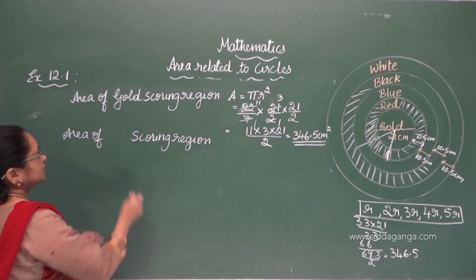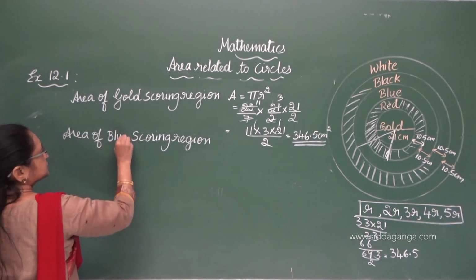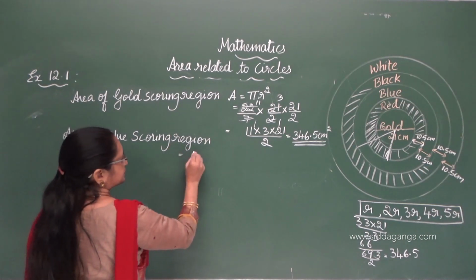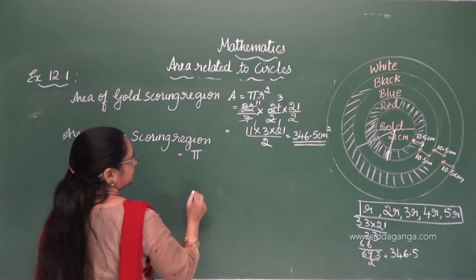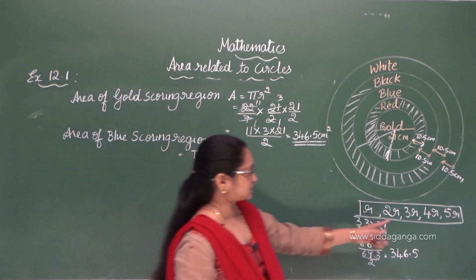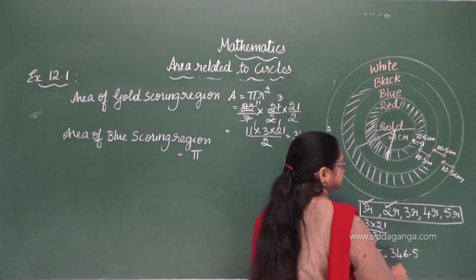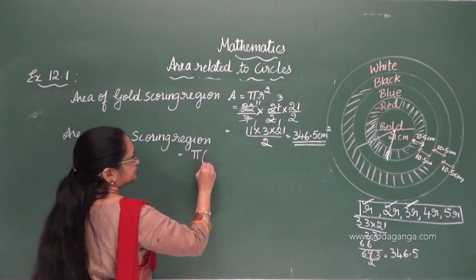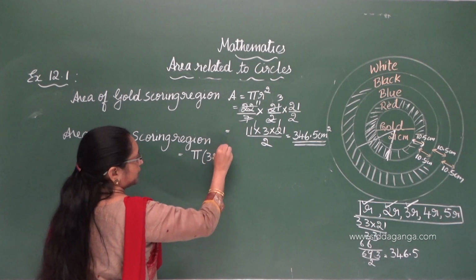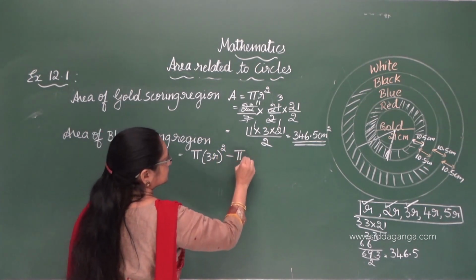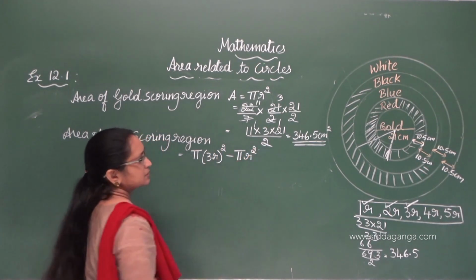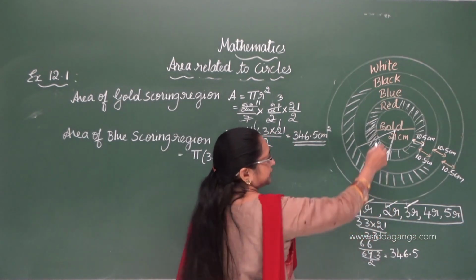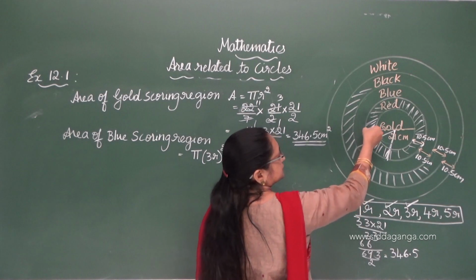Next, area of the blue scoring region will again be πr². The next one is 3r, so π(3r)² minus πr². Because this 3r is including gold, red and blue.